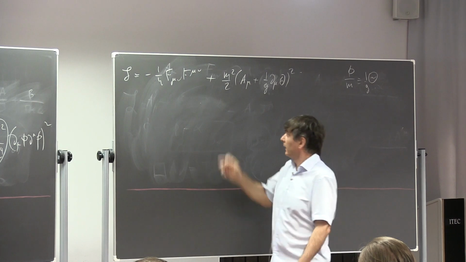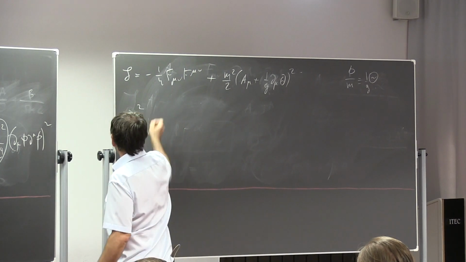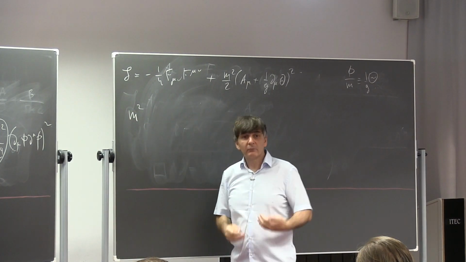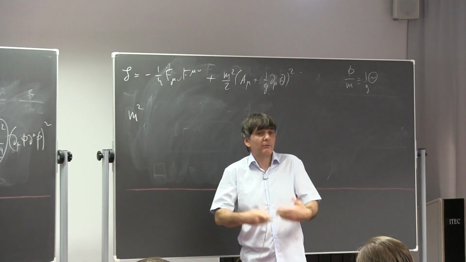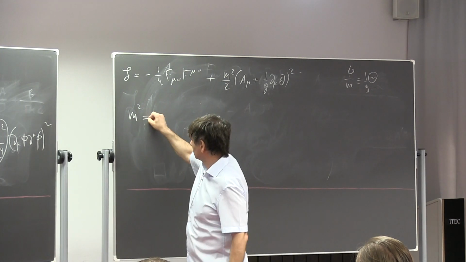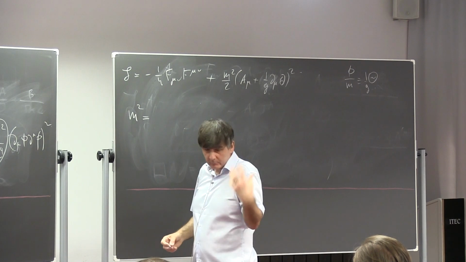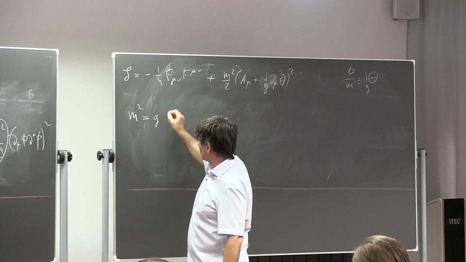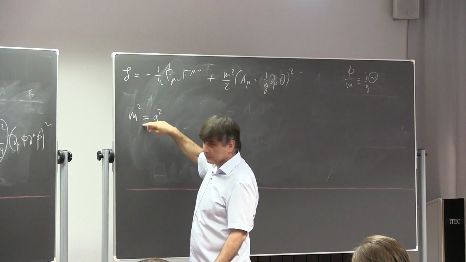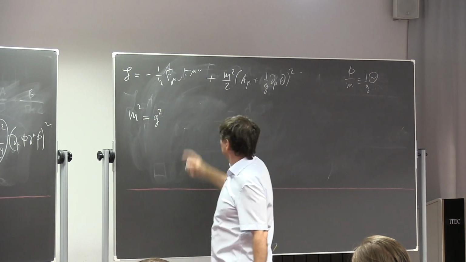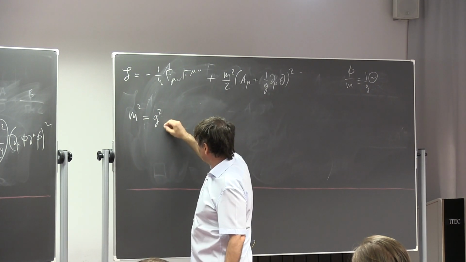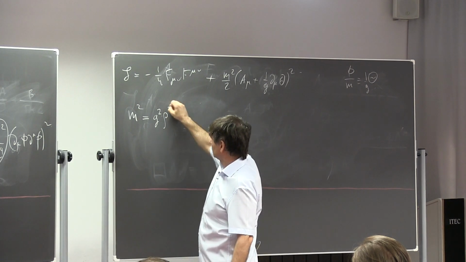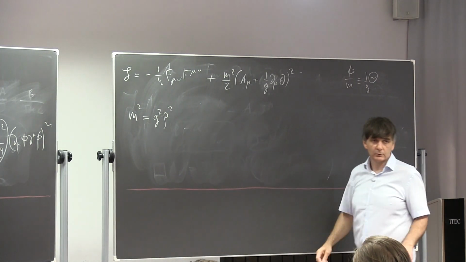In other words, you need to think about the mass term as coming from the expectation value of a field. So I simply think of m squared as an expectation value of a field, which couples through the coupling constant g. Let me call this field rho. So there is a real scalar field rho.